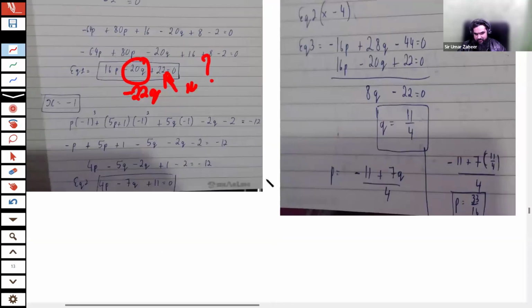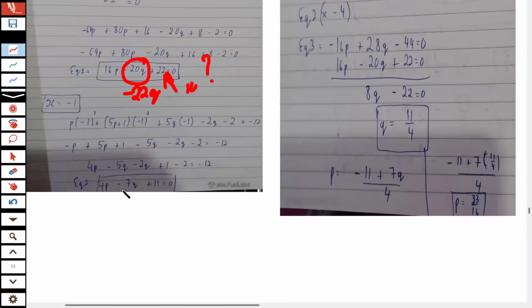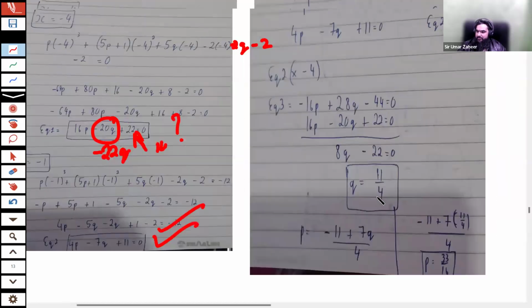This equation is wrong. I will do it by myself as well. When you substitute -1, it is 4p minus 7q is plus 11. This is the correct one. The above one is wrong.